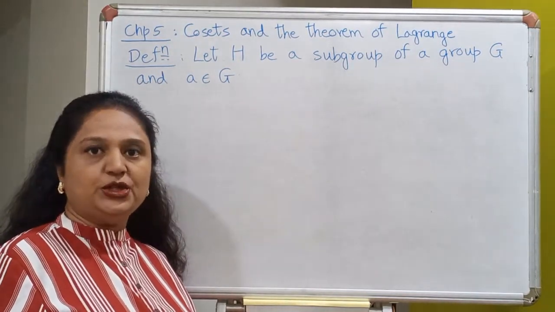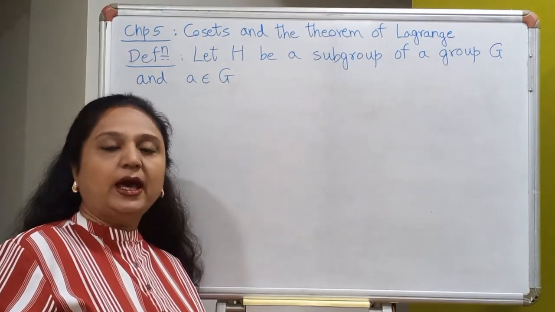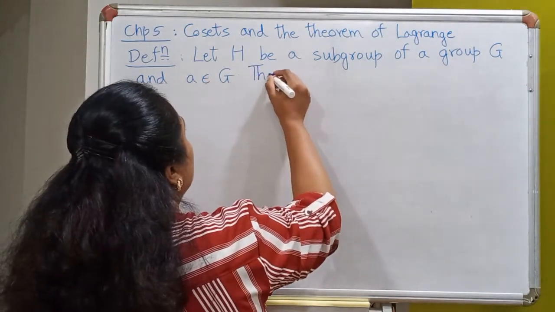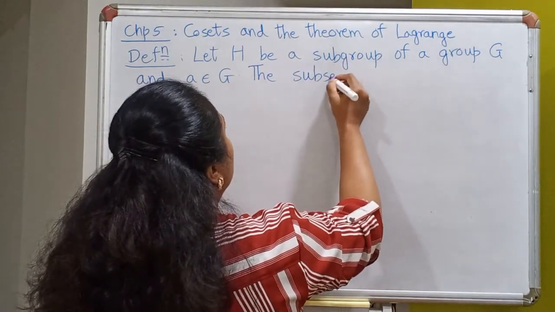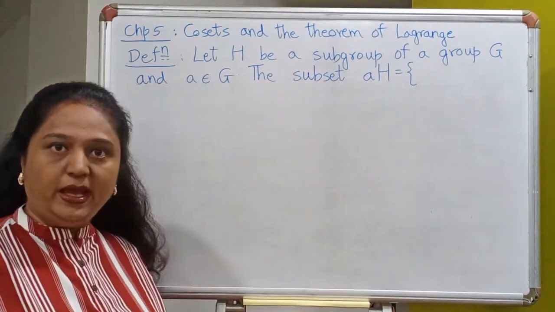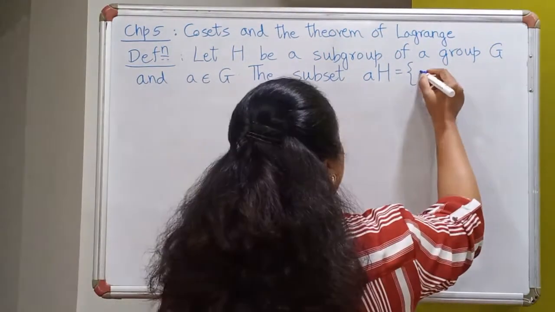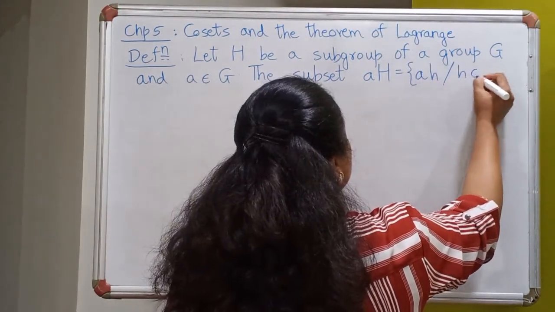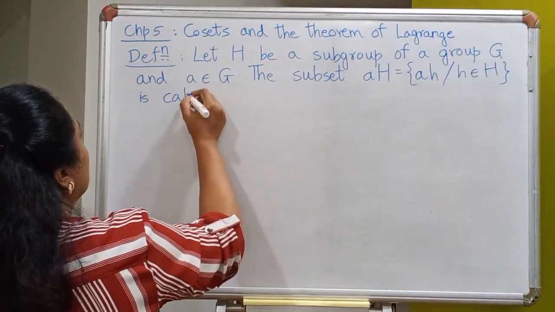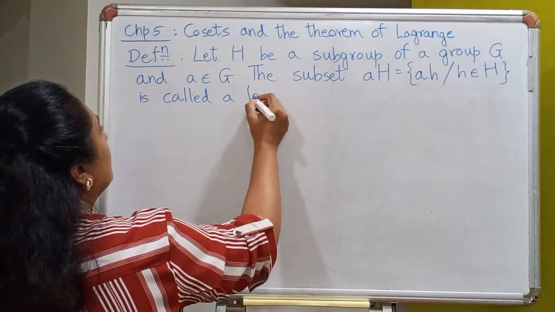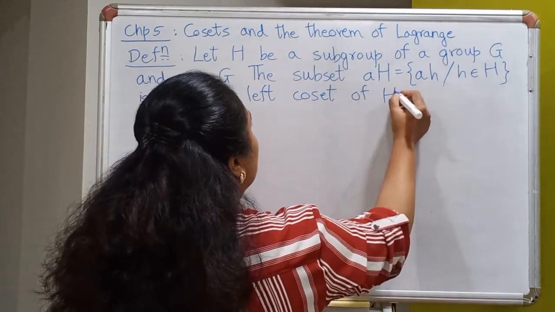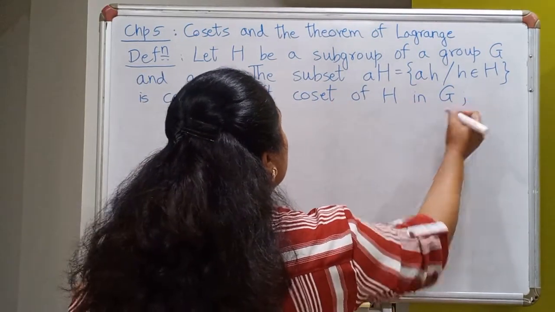So I take a group G, I take a subgroup of G, and I take an element A in G. This set, the subset which is denoted by AH and which is defined as A times H, where H lies in capital H, is called a left coset of H in G.